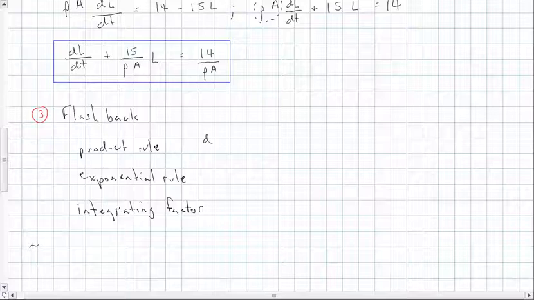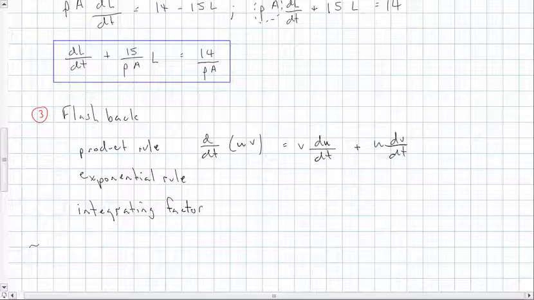Going forward, we do know this to be the case, that this is equal to v du dt plus u dv dt. We also know the exponential rule as d dt of e to the u is essentially e to the u times du dt.